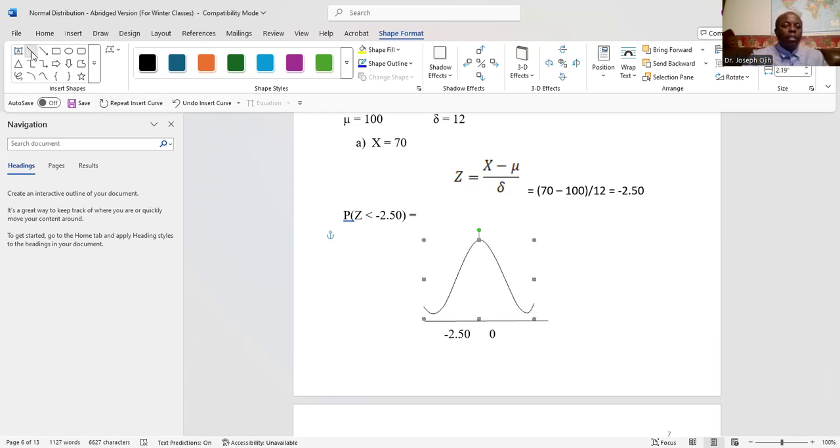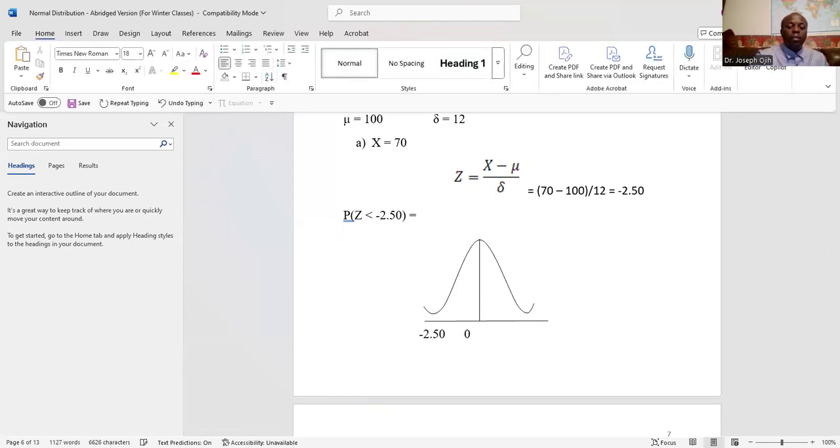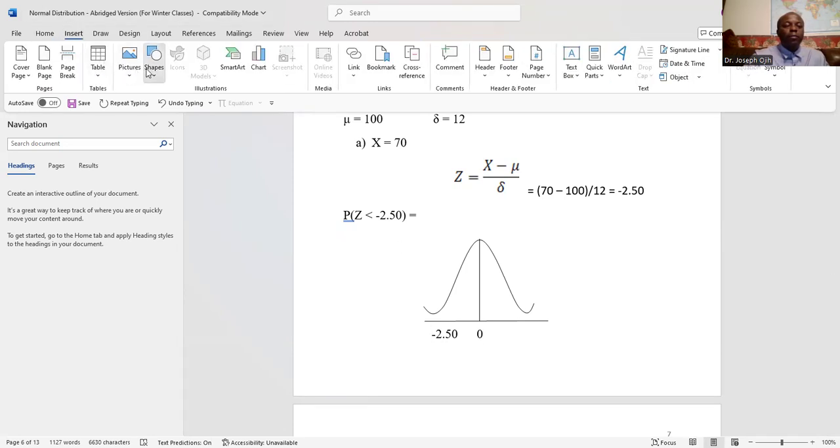Now you can put the center line. This is where the 0 should be, which is the mean of 0. So I'm going to move this back a little bit. And they put a line that represents the negative 2.50 right here.